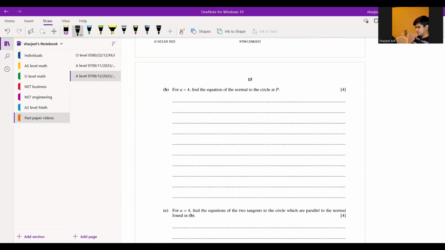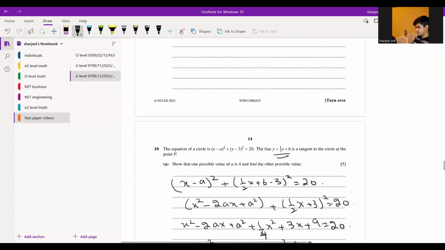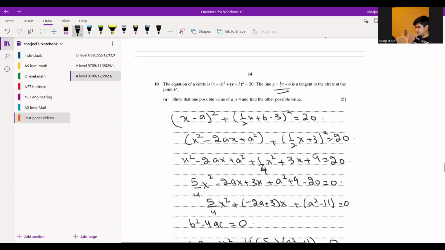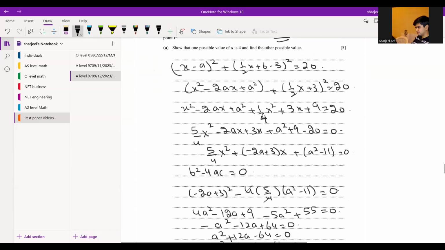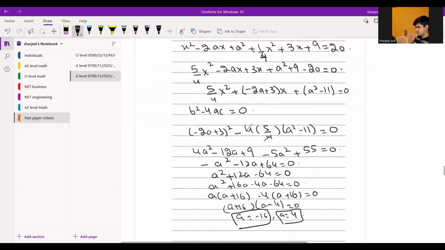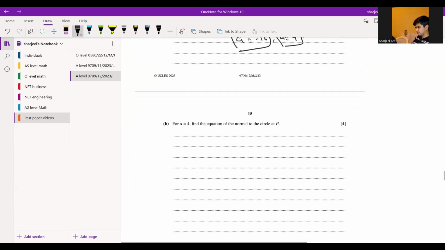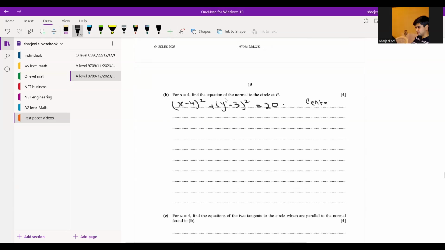So now for a equal to 4, find the equation of the normal to the circle at P, right? So the equation will become (x minus 4) whole square plus (y minus 3) whole square equals 20. Will become 4 and 3.